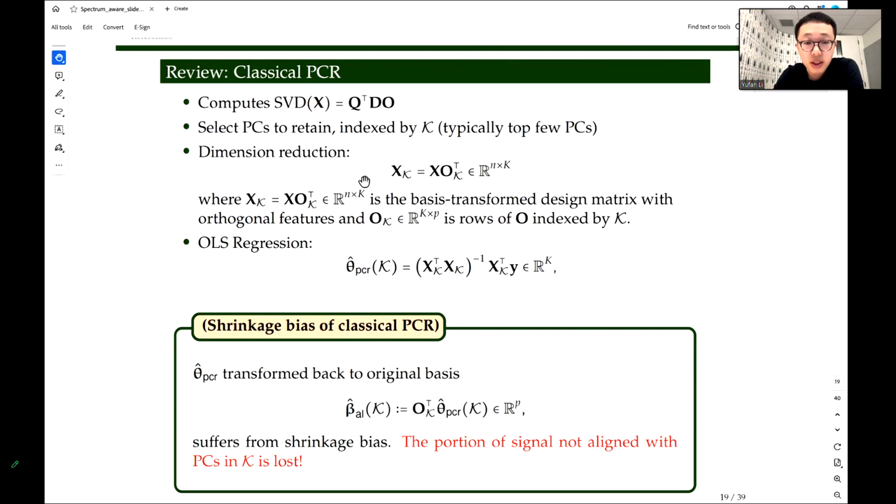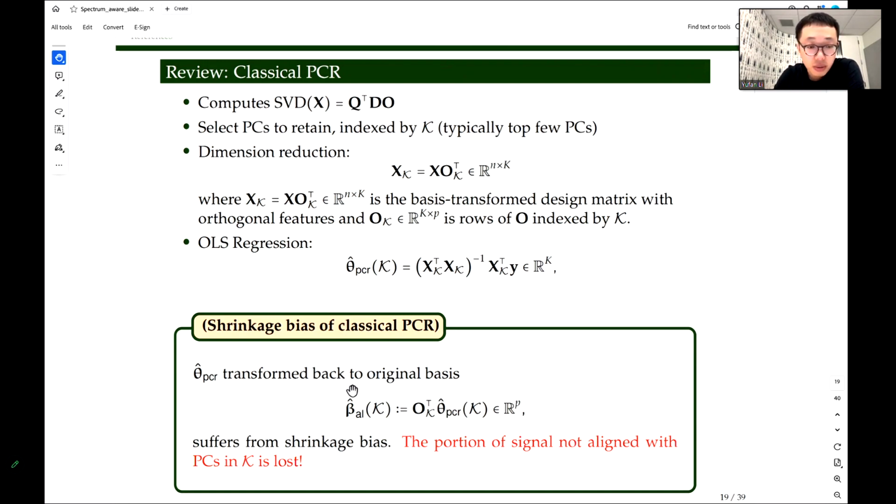Then you do a dimension reduction by doing the basis transform of your design and using the new design, and you can run your LRS as before, because now K is less than P, since K is a finite number of PCs.